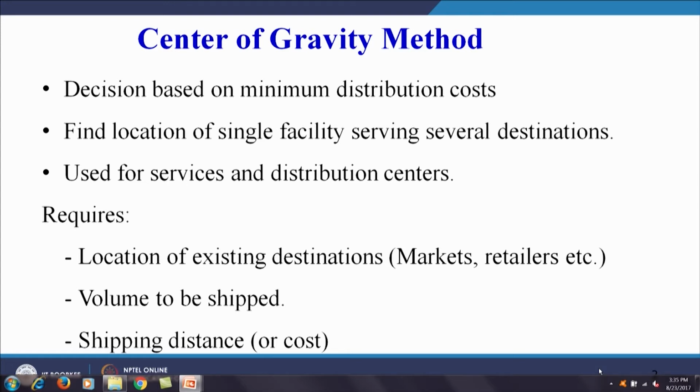So, if you remember the previous two methods that we have seen, in the first method, the cost volume analysis method, what was our input? Our input was fixed cost, variable cost, volume of production. So, that method was based on the fixed and the variable cost, or in a nutshell the total cost and the volume of production.